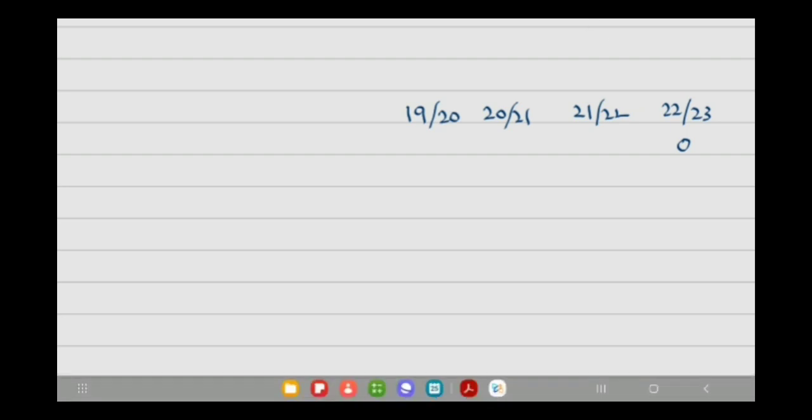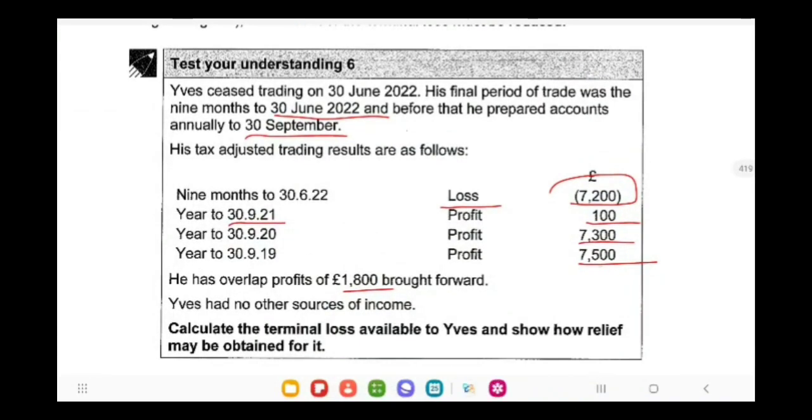Now, we have to consider all these years before 22-23, in which the business has ceased. So, there is no profit in 22-23, then 21-22, then 20-21 and 19-20. So, it is 75, 73, 100.